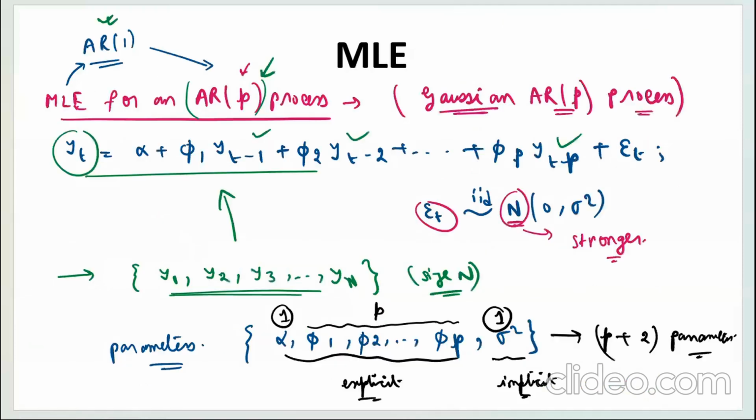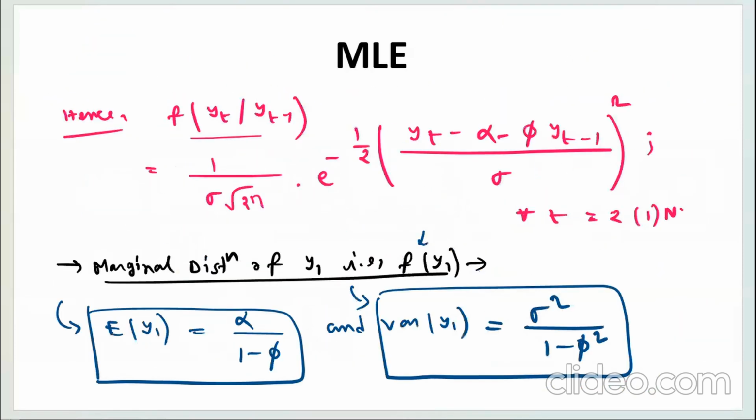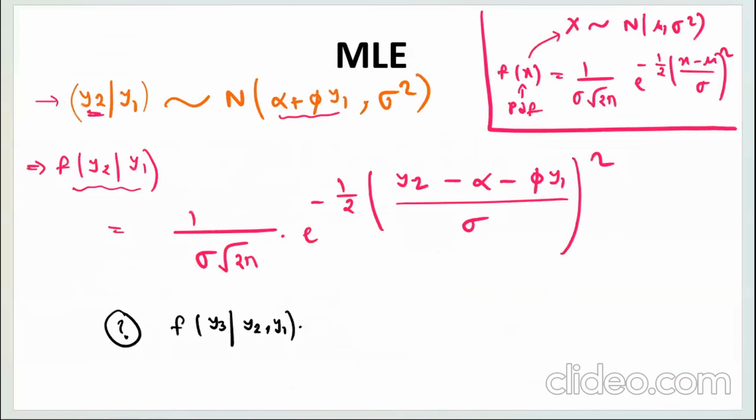So what we do here is find something called the approximate likelihood function. In the case of AR1, we found the exact likelihood function. Exact means the explicit form of each and every term. Let me go back and see what we have done.